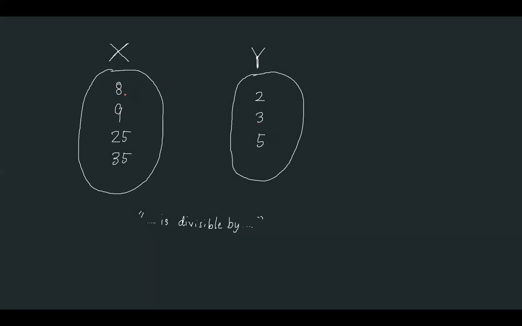First, let's start with 8. 8 is divisible by what number here? 8 is divisible by 2. Next, 9. 9 is divisible by 3. Next, 25. 25 is divisible by 5.